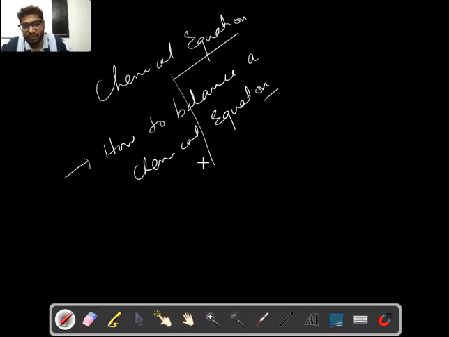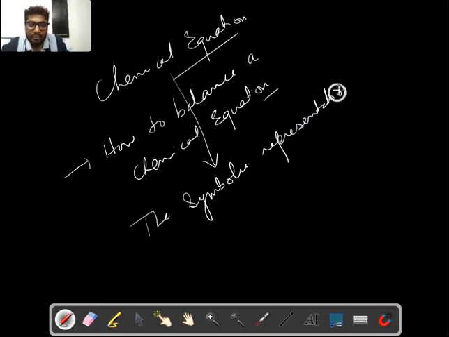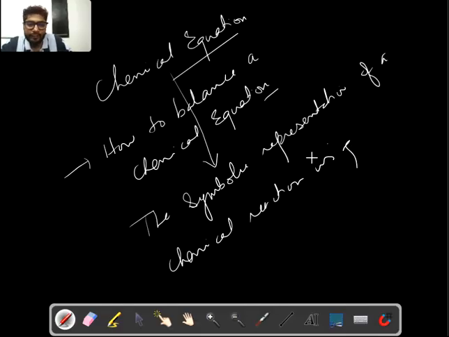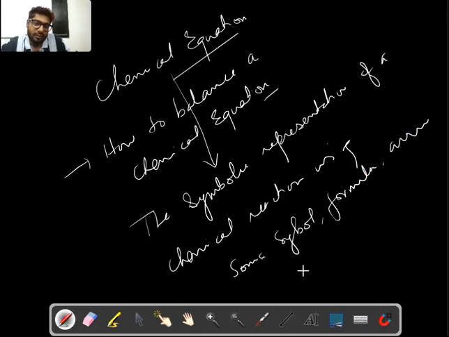So the first question is, what is a chemical equation? A chemical equation is a kind of symbolic representation of a chemical reaction using symbols, formulas, arrows, etc. In a very short way, we can say that the chemical equation is nothing but a symbolic representation of the chemical reaction, and we represent this chemical reaction using some symbol, formula, or arrow.